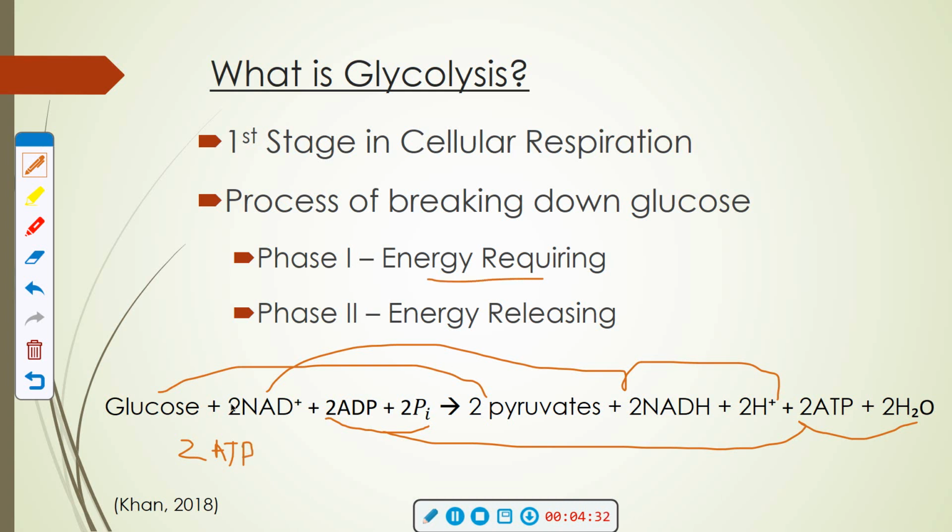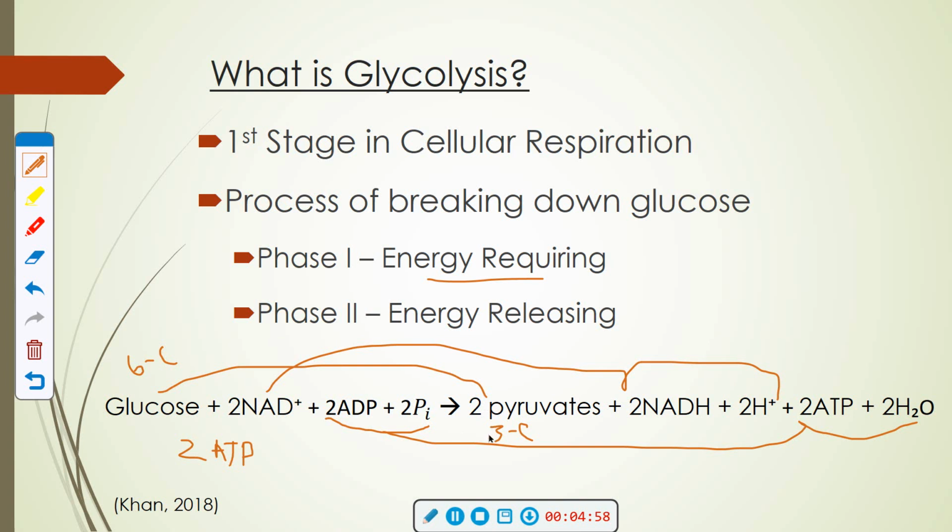I need energy to be able to make all of this happen. And what happens is glucose has 6 carbons. It is a 6-carbon molecule. And that energy is used to take it, and these 2 pyruvates are 3 carbon. So I take 1 6-carbon and split it into 2 3-carbons.